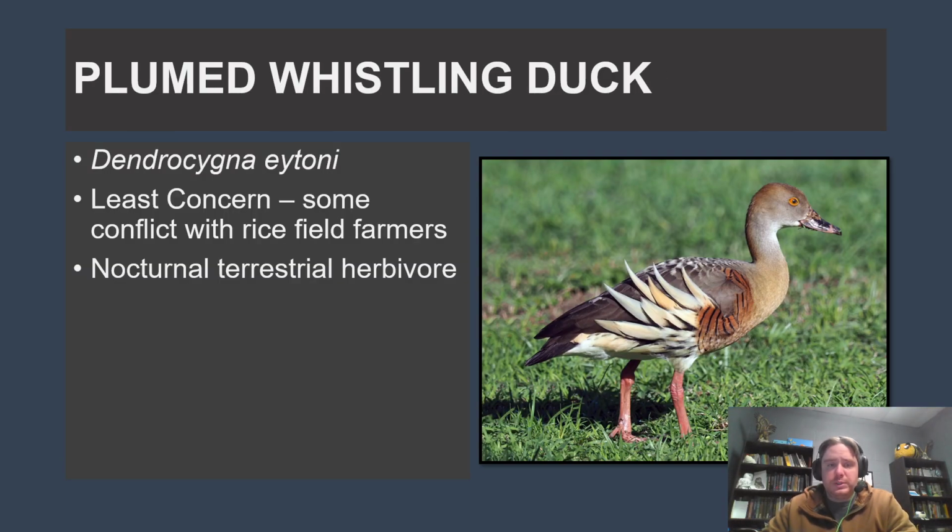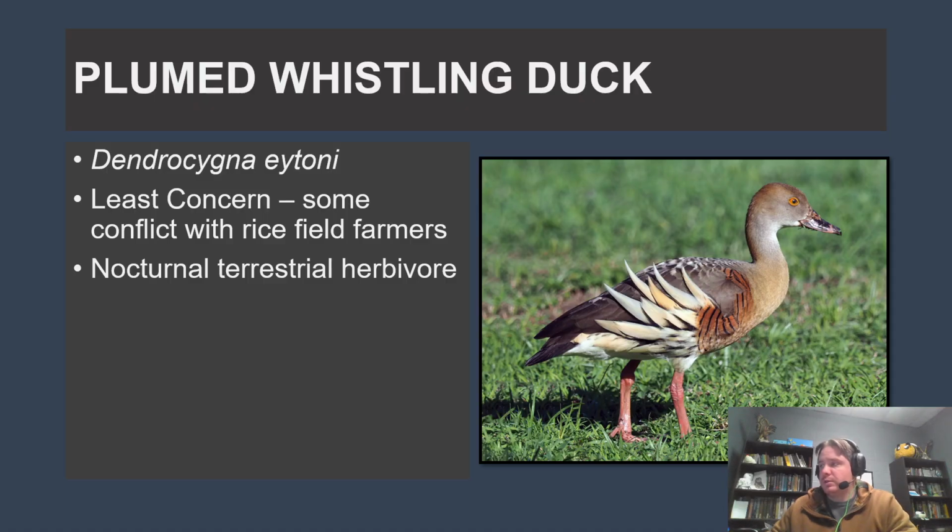The plumed whistling duck is another member of the genus Dendrocygna, Dendrocygna eytoni. It is a least concern species that does have some conflict with rice field farmers, though at this time its conservation status is least concern. And it is also nocturnal.